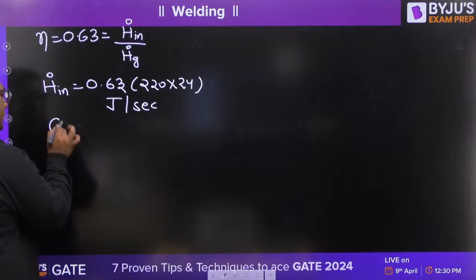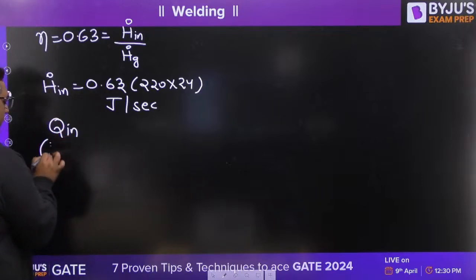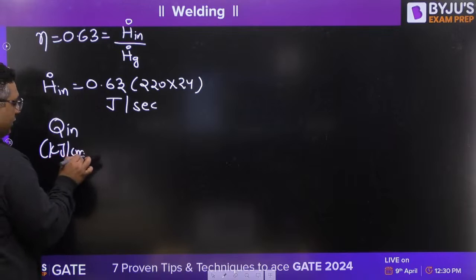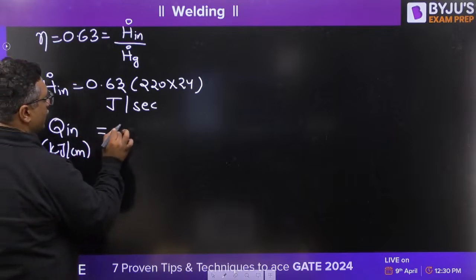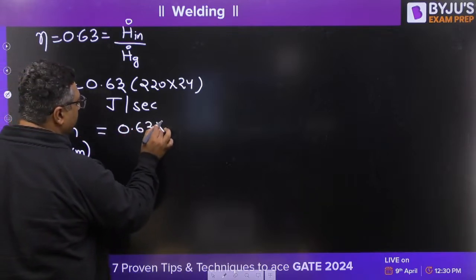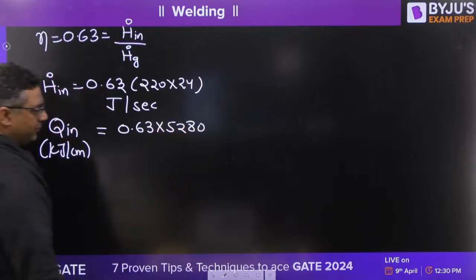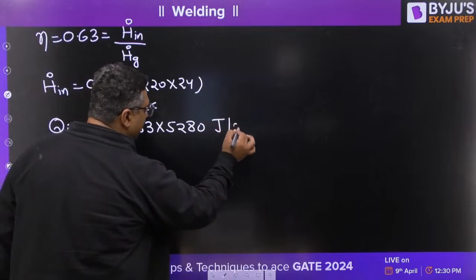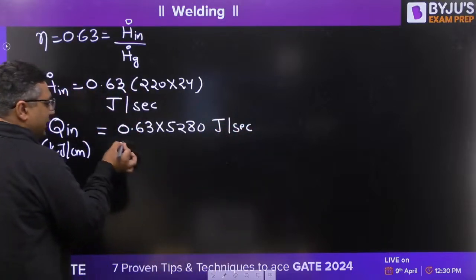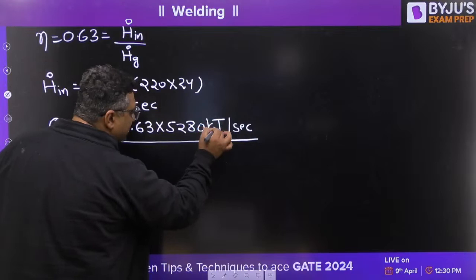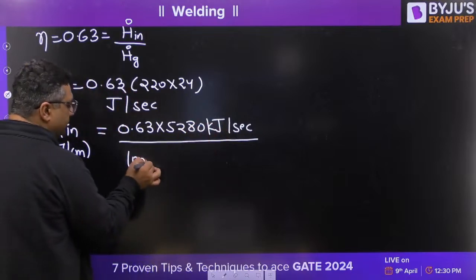If I want heat input in kilojoule per centimeter, first of all, this 0.63 into 5280 is in joule per second. So to make it kilojoule per second, I will divide it by 1000.